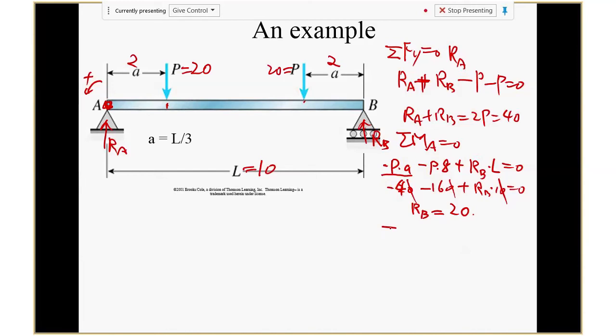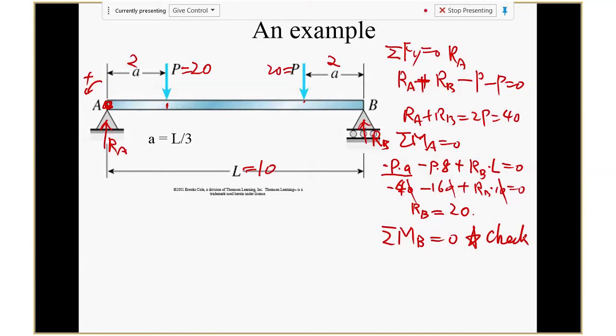You can check sigma M to point B, see if it equals 0. Or you can use sigma MB equals 0, find out RA, and see if the two ways you get the same RA. That's one way of checking. Or you just plug all RA, RB values in, see if sigma MB equals 0. Make sure you do this step as a check.